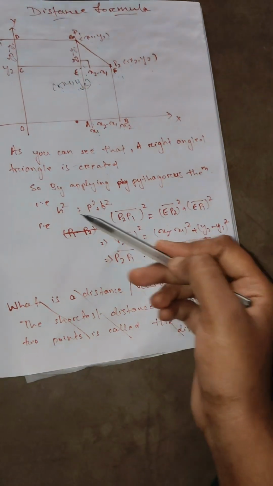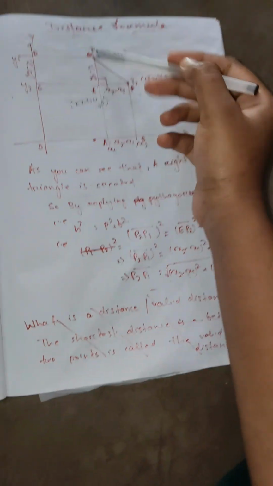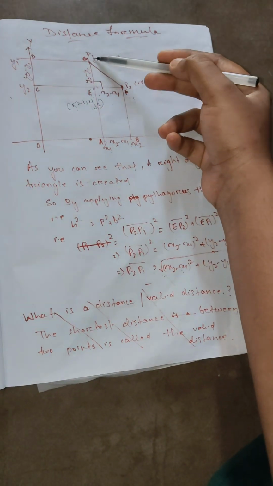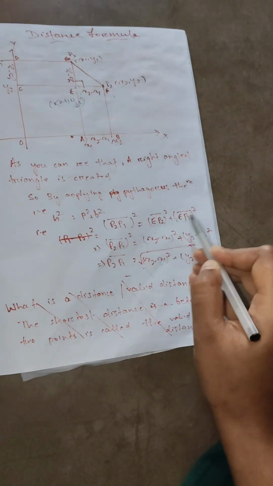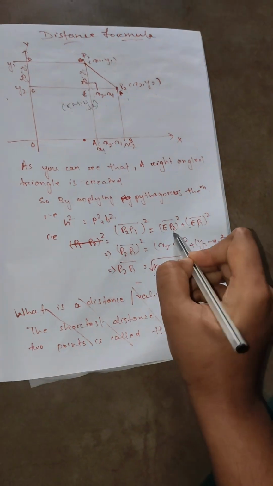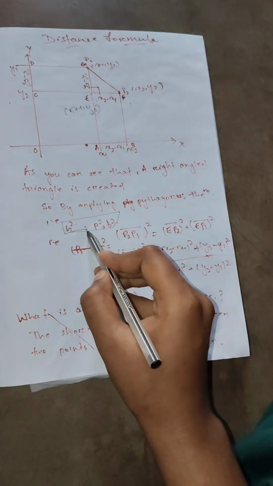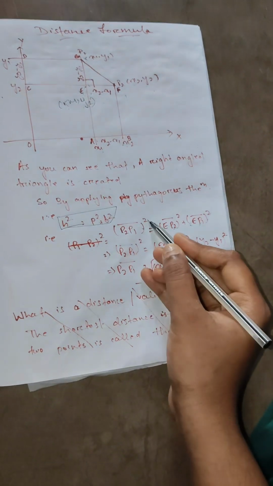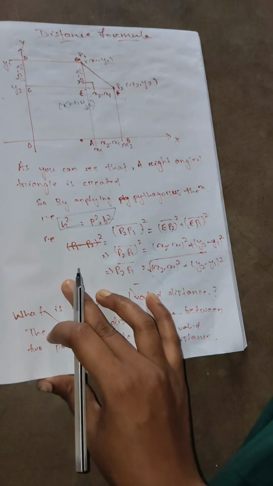I have written here PP1 whole square is equal to p square, where the perpendicular is EP1, so EP1 whole square plus the base EP2. So this formula can be converted for the triangle as PP1 whole square is equal to EP2 whole square plus EP1 whole square.